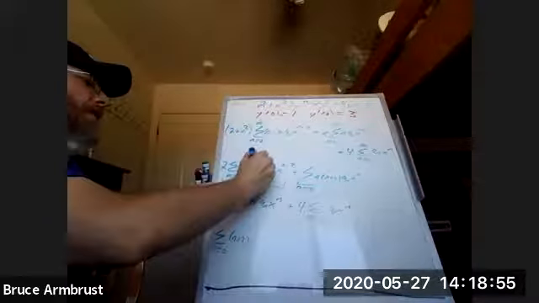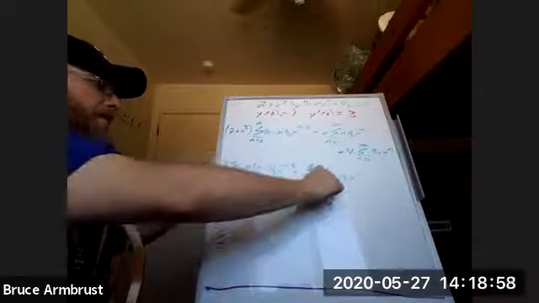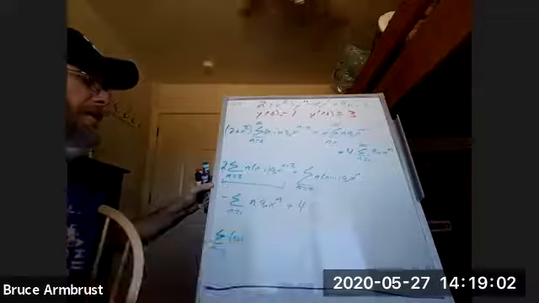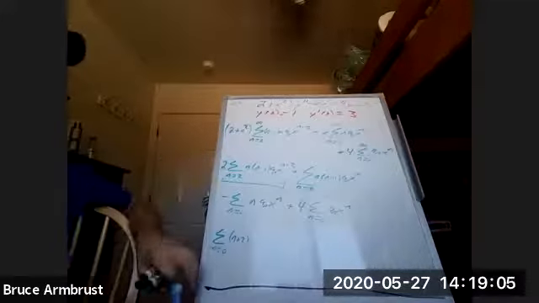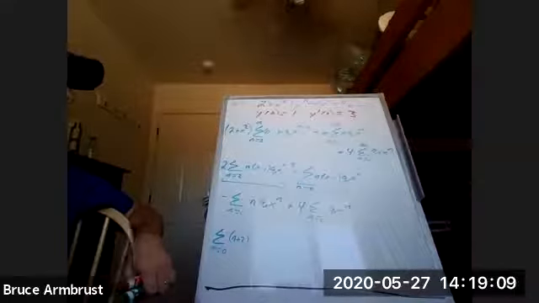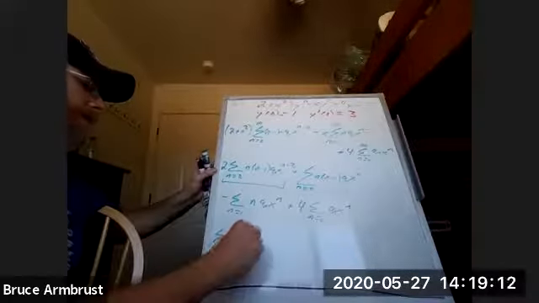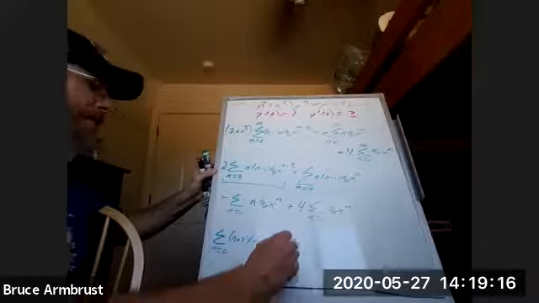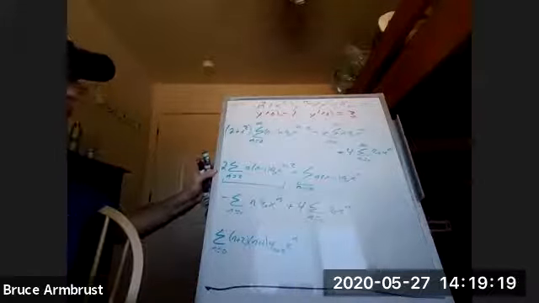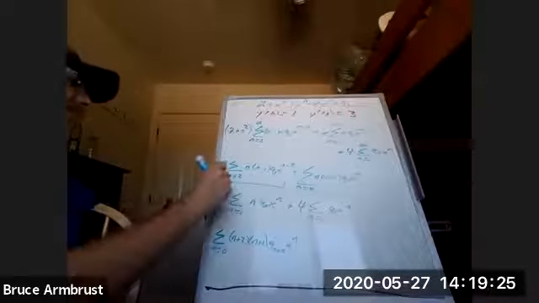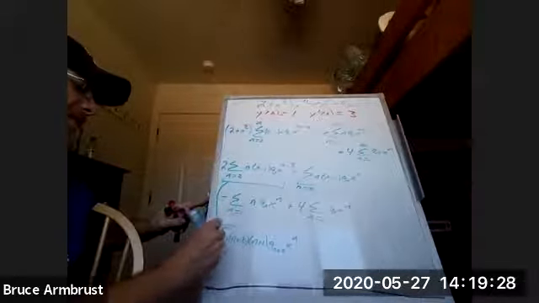All these plus 1s are supposed to be minus 1. Sorry about that. So we get n plus 2 times n plus 1 times a sub n plus 2 times x to the n plus all the rest. I'm definitely running out of steam here. So that's this guy.